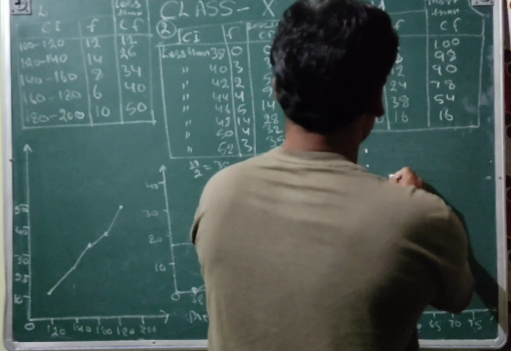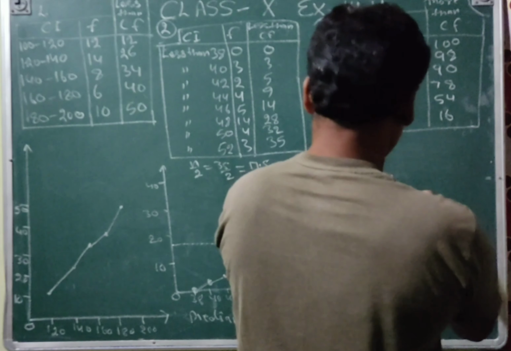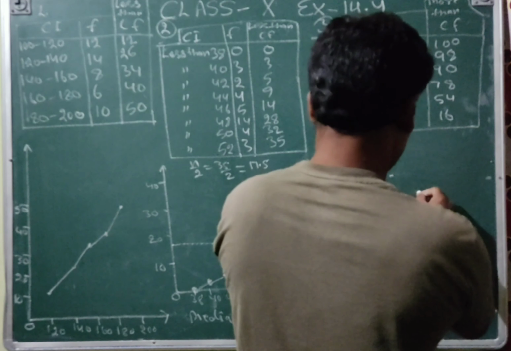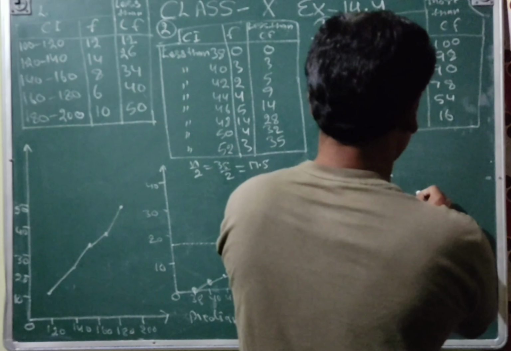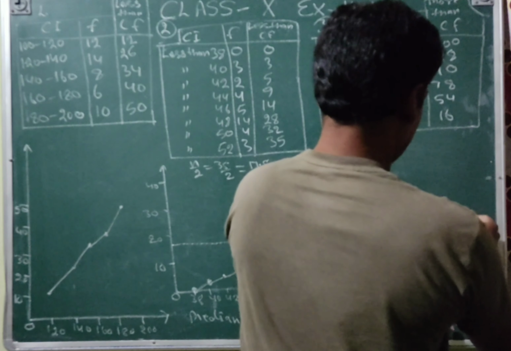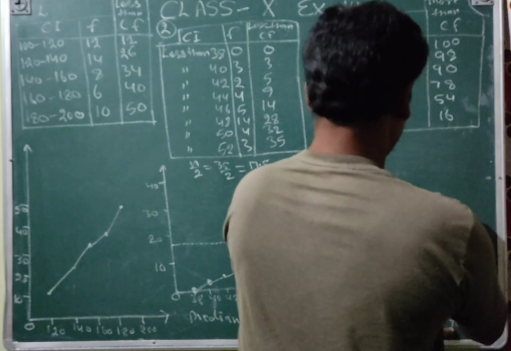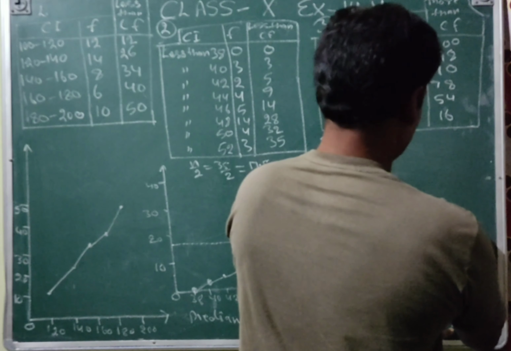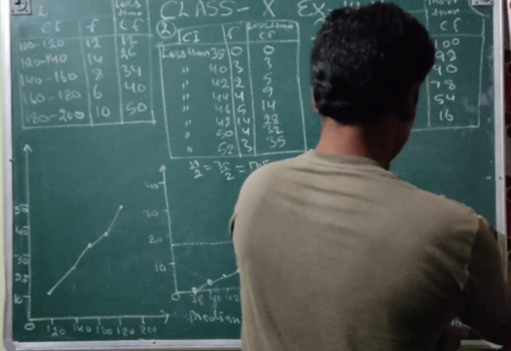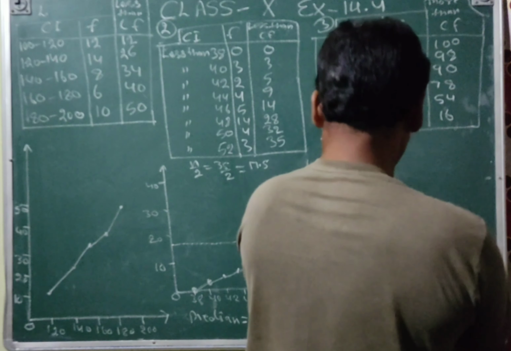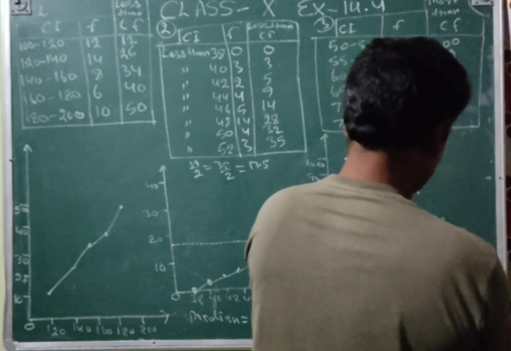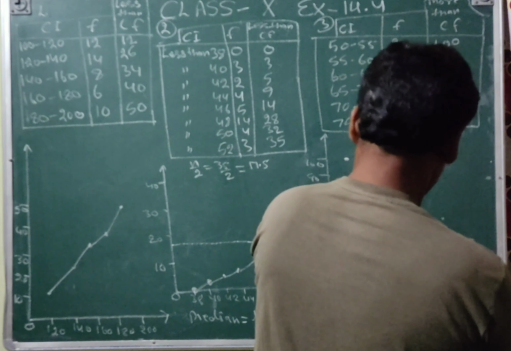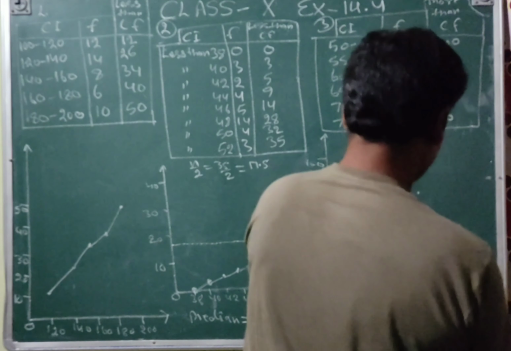And then on 65, that is 78. 78 will come up here. And then on 70, that is 54. 54 means up to here. And then for the last, 75, that is 16. 16 will come approximately here.